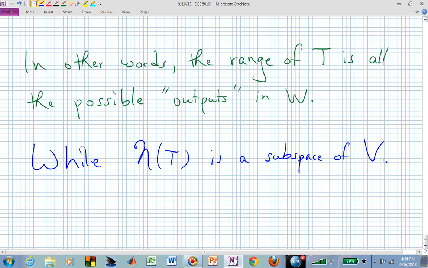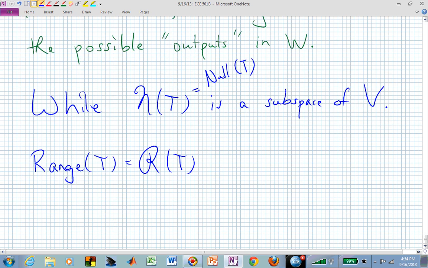I'm guessing you said V. It was a subspace in your domain vector space. The range of T, by contrast, is actually a subspace of the codomain. So the range of T is a subspace of W.